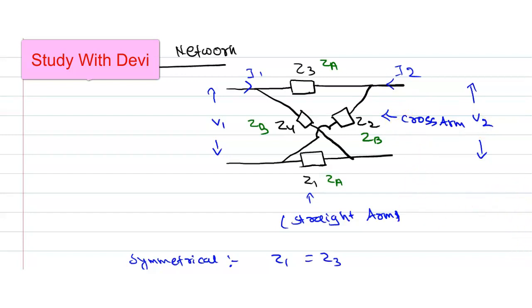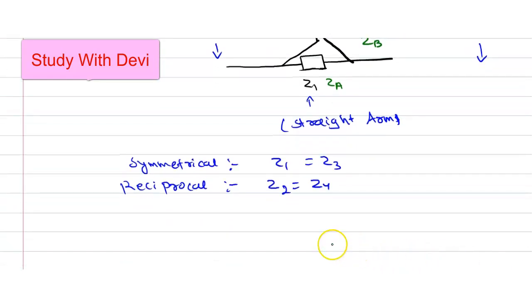Symmetrical condition: Z1 equal to Z3, and Z2 equal to Z4. So in this case we can write Z1 equal to Z3 equal to ZA, Z2 equal to Z4 equal to ZB. How can we find Z11, Z22 with this type of formula?